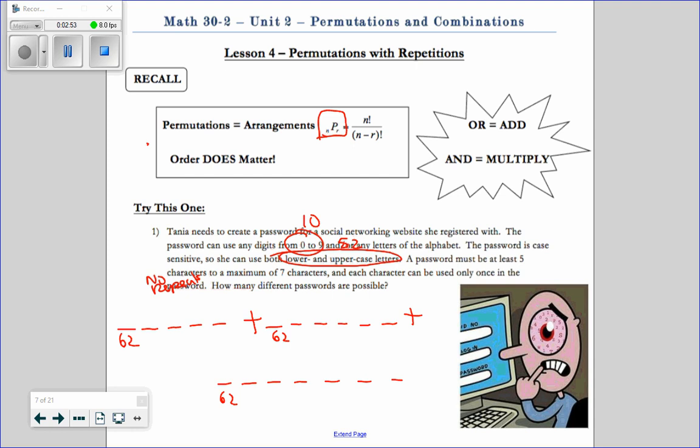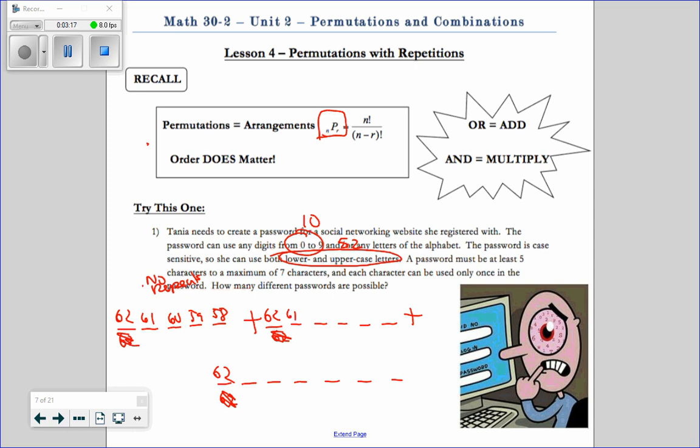If you're not allowed to have repeats, how many choices for the next item in your code? What's the next number going to be? 61. 60, 59, 58. Right? No repeats. Okay?